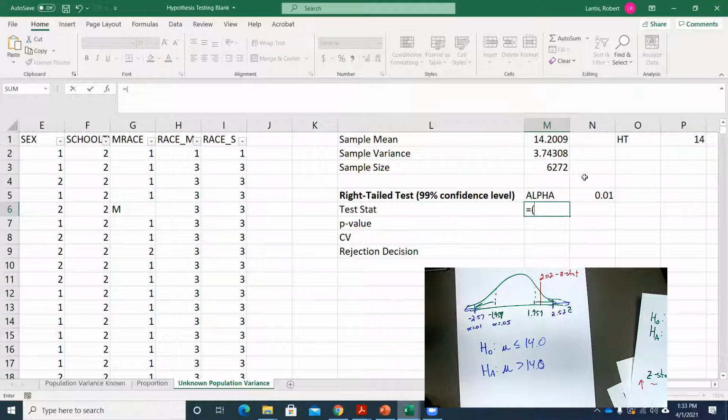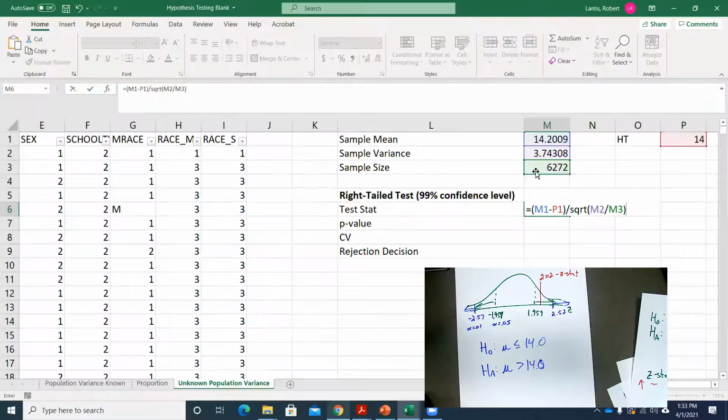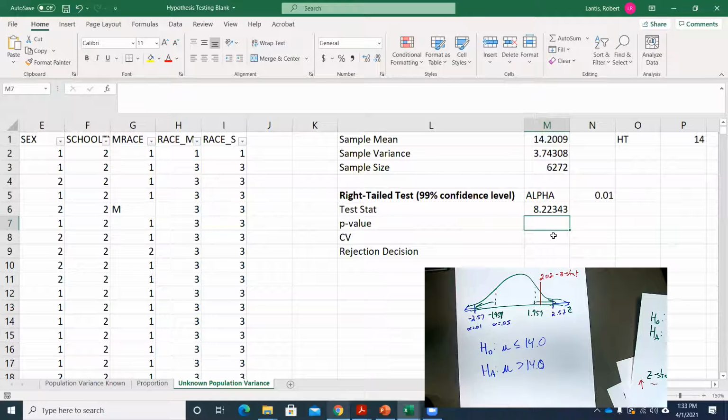I'm going to take the sample mean I found, minus the assumed true mean, and then divide that by the square root of my sample variance divided by my sample size. All I did there was use Excel to be my calculator and get this formula. I clicked on all the values that were the different variables in this formula. Okay. So that should give me my test statistic.